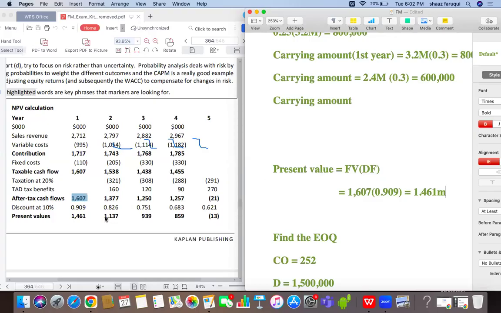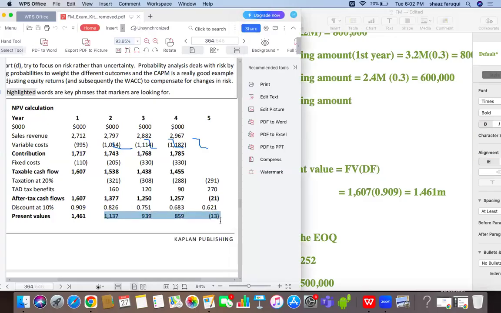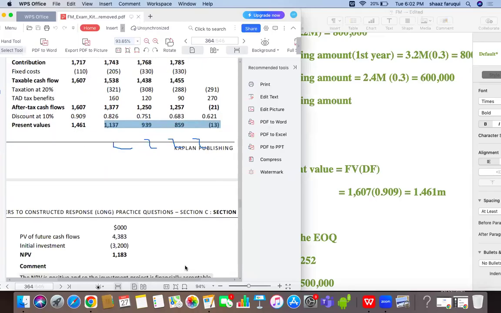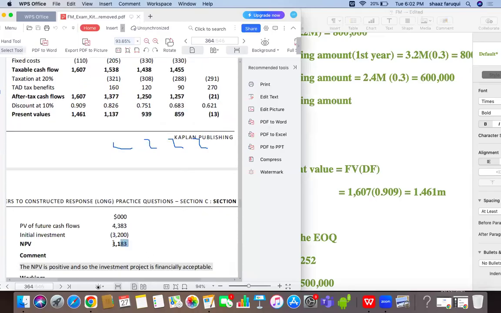Similarly, you get the present values for all of the other years. And you get the net present value using that. So the present value of all the future cash flows, if you add this up, 1.4, 2.5, 3.4, 2.5.